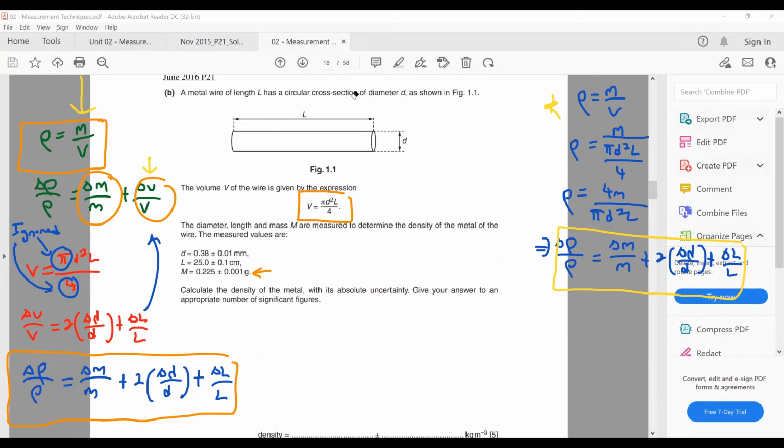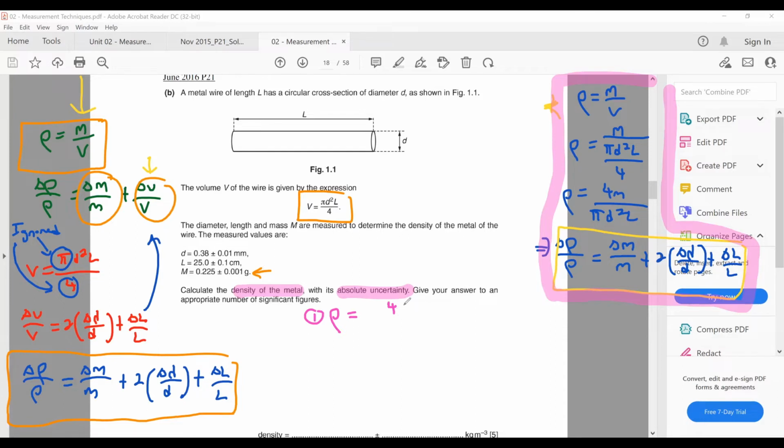So right now, when they ask you to find the density of the metal with its absolute uncertainty, you will probably need to show this one first. This is your complete set of workings. Then after that, you proceed to find the density. Density is 4 times your m.